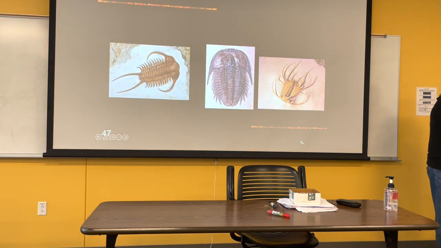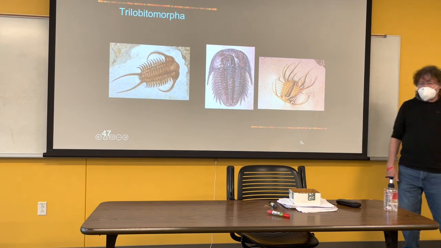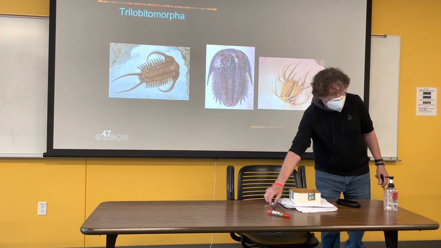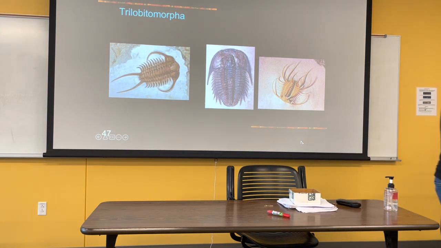Okay, so for the classification, I'm going to put up here a group that is no longer around. It's near the base. There are some of the earliest arthropods. Trilobites. They were plentiful, species rich during the Paleozoic.